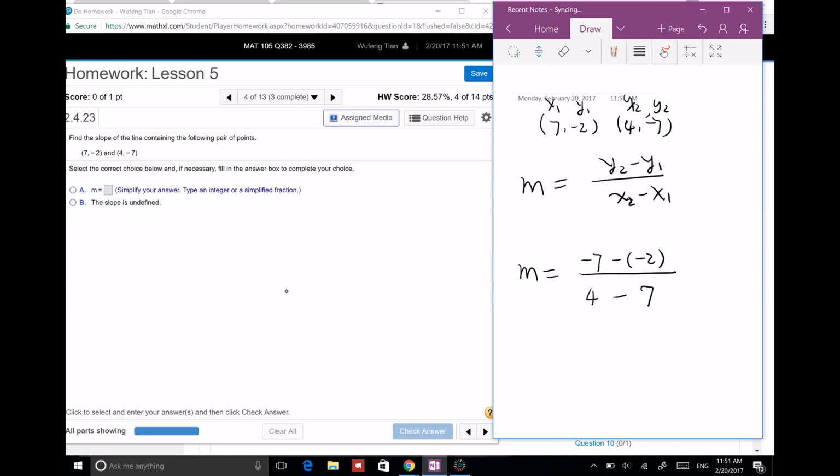You just plug into the formula: negative 7 minus negative 2 over 4 minus 7. So simplified, m equals negative 7 plus 2 over negative 3. So the answer is negative 5 over negative 3. It's 5 over 3.